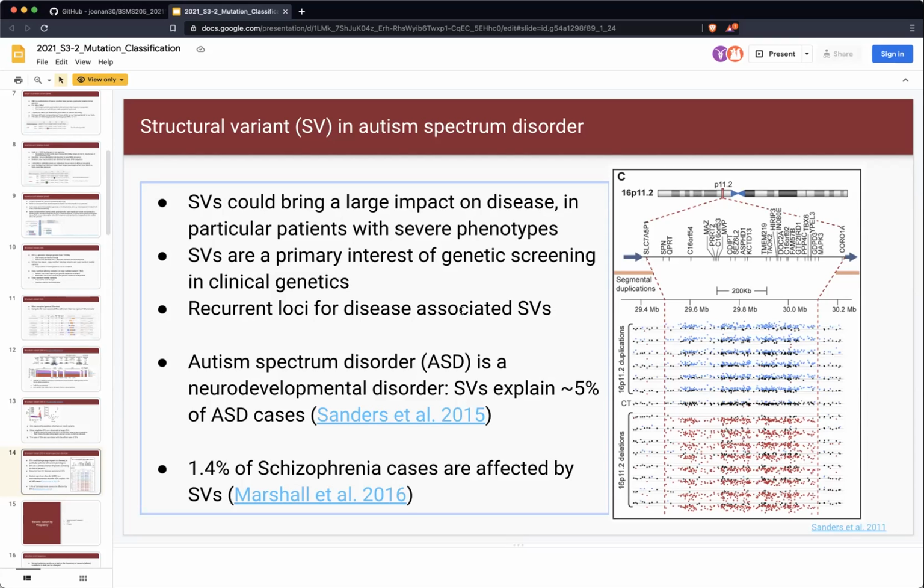Also, I'm not covering it in this slide, but some structural variation gives you diverse phenotypic effects. So let's say here we have the 16p11.2 duplication. This is observed in patients diagnosed with autism, but that mutation can also occur in schizophrenia, and that structural variation can occur in intellectual disabilities or other genomic symptoms.